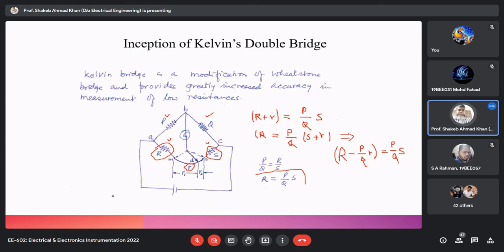Our final expression should be like this. But if I am connecting the galvanometer here, your lead and contact resistance will be added with S, so your balance equation will be something like this. And if we are connecting the galvanometer here at N, then this lead and contact resistance will be added with R. Our balance equation will be like this.